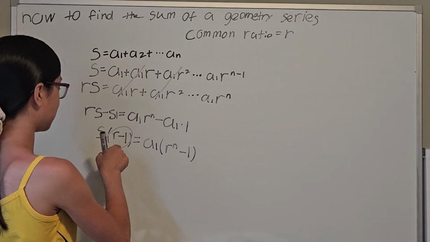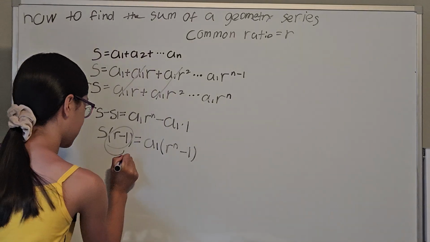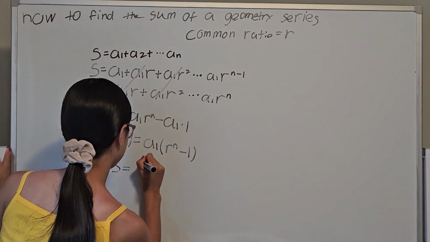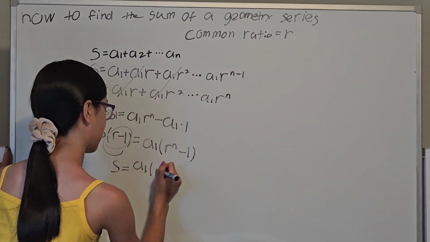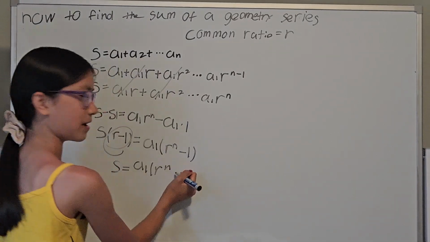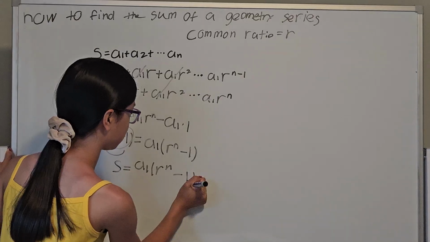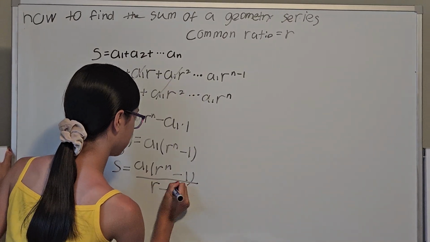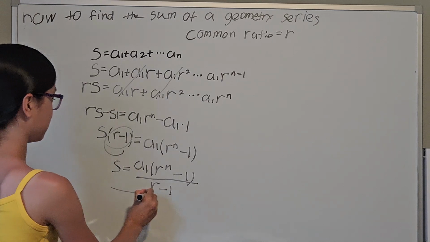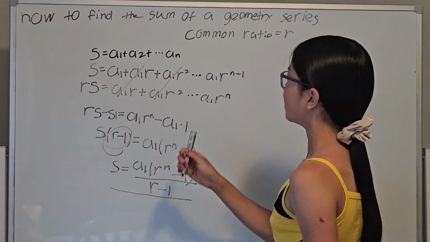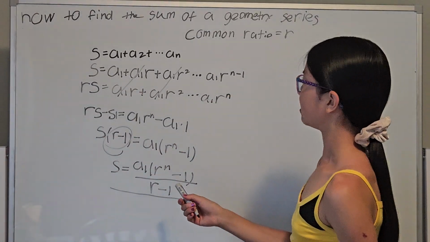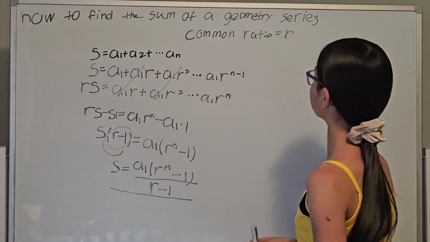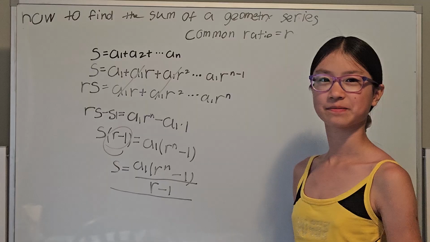So if we divide R minus 1 on both sides, then it leads us to S equals A1 bracket R to the power of n minus 1 over R minus 1. So this is the sum of a geometric series.